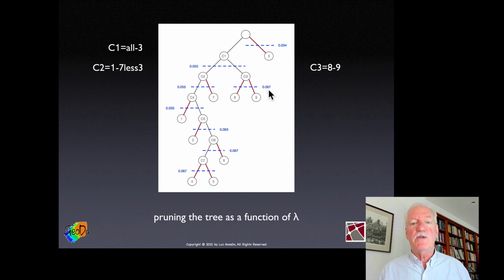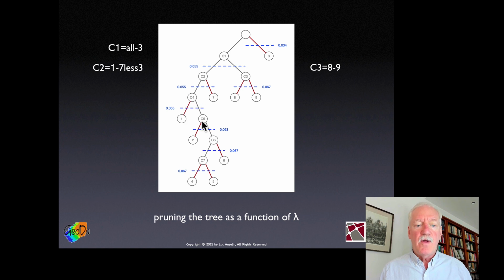So 0.012 is the contribution of 8 to the relative excessive mass. And then, of course, for 9, it's the same thing. So the whole relative excessive mass for cluster C3 is the sum of these two. And since the relative excessive mass of a leaf is 0, it is maximized by keeping the 2 points together.